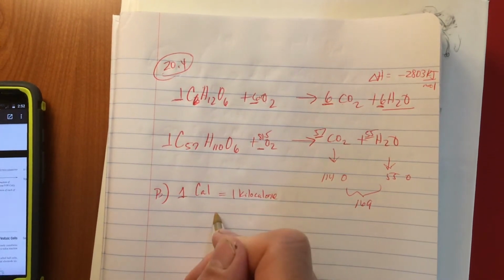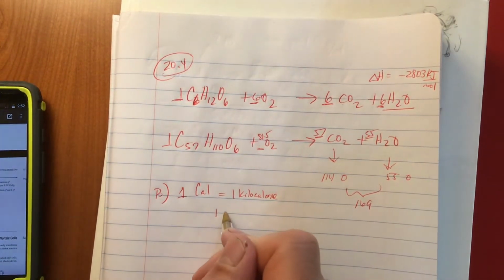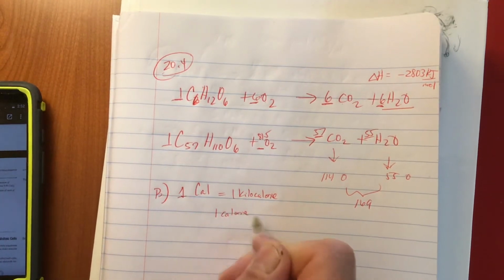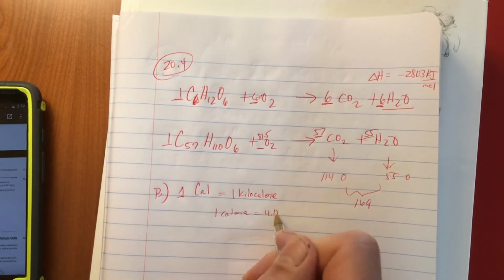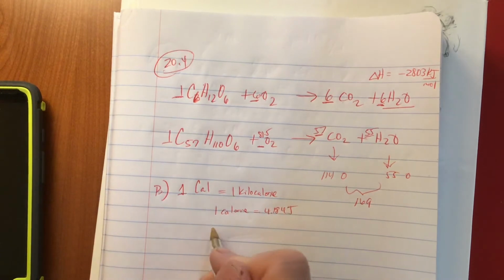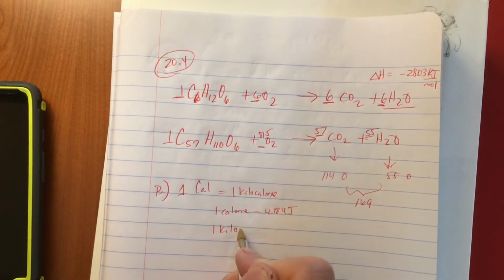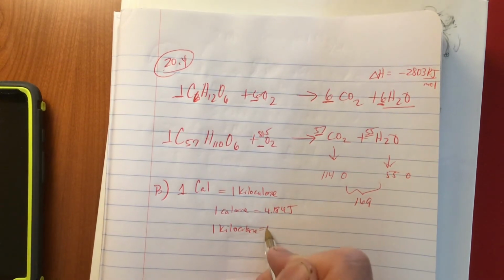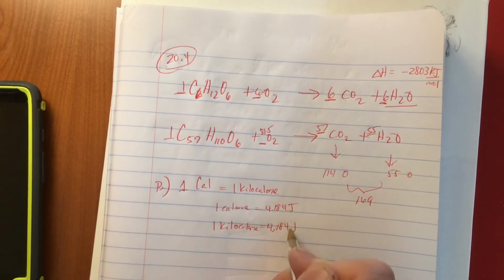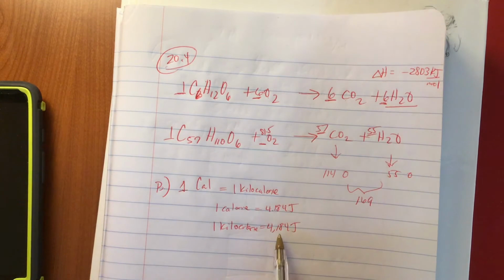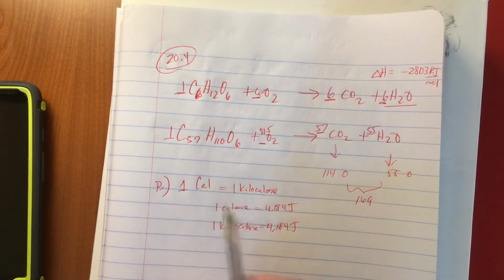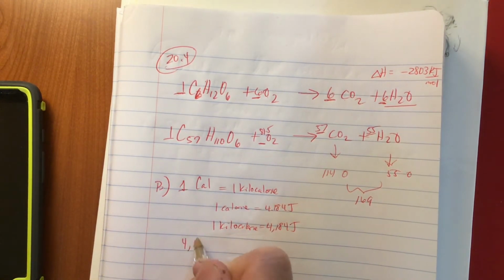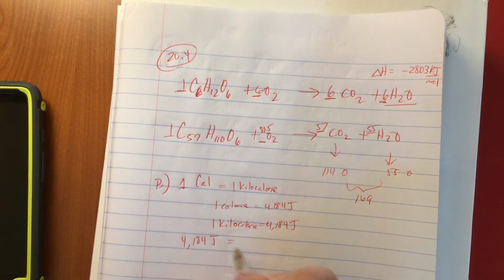And 1 calorie, as defined in chemistry, is 4.184 joules. So that means that 1 kilocalorie would be 4,184 joules. So 4,184 joules is equal to 1 food calorie.